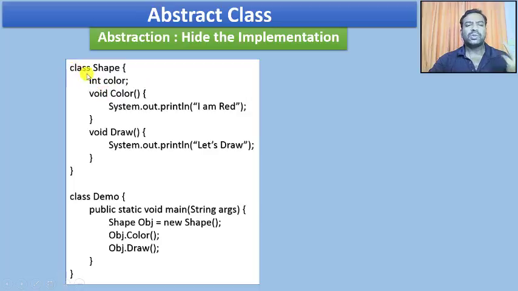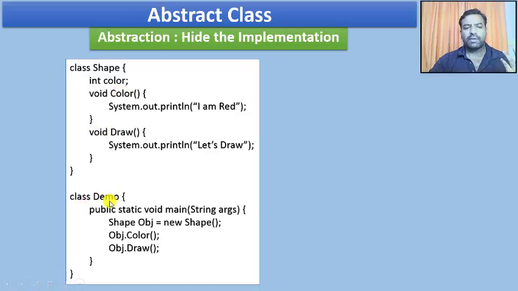We define a class called Shape, which has a color variable to store the color value, and I'm going to have two methods, void color and void draw, as data members and member functions.